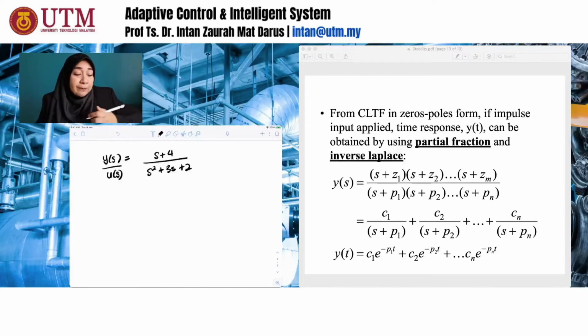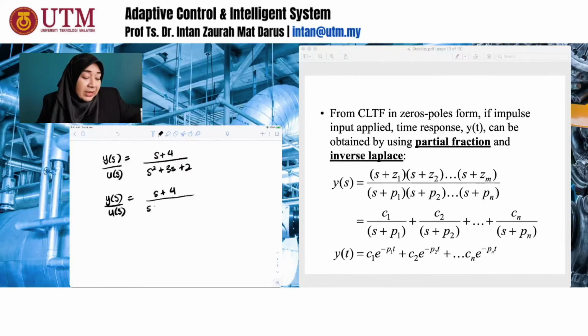For zero and poles, I need to factorize this polynomial. So in zero and poles form, it simply means I'm factorizing it. In this case, the numerator cannot be factorized anymore, so it's going to be s plus 4. The denominator can be factorized into (s plus 1)(s plus 2). So this is already in zero and poles form.